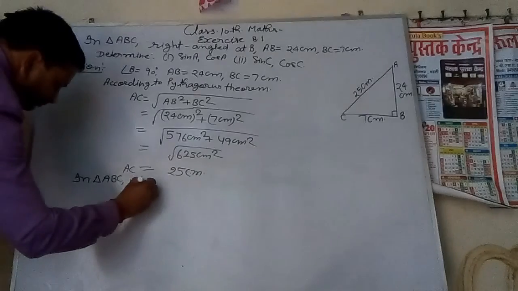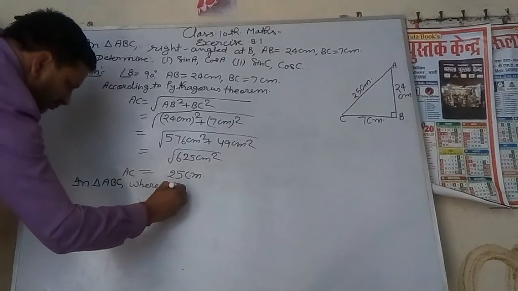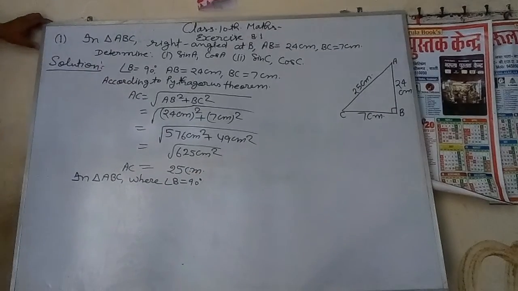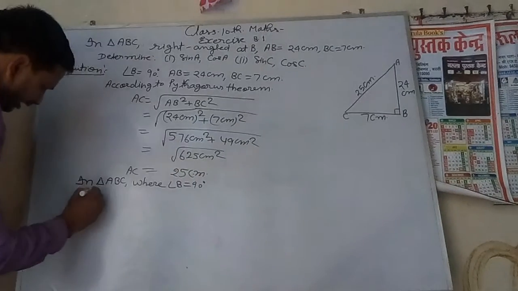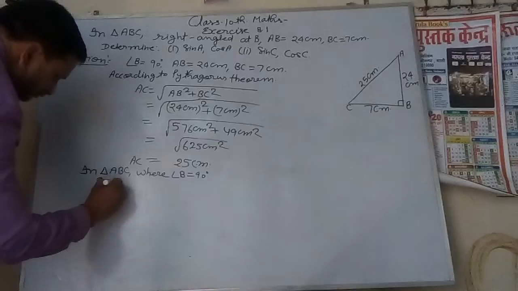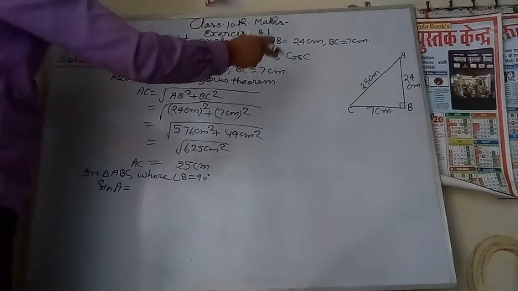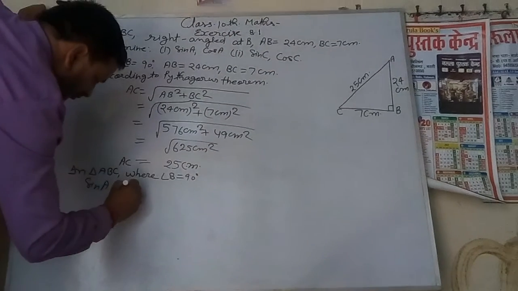Now, sine of angle A, according to triangle, in triangle ABC, where angle B equal to 90 degree, sine of angle A equal to BC upon AC.